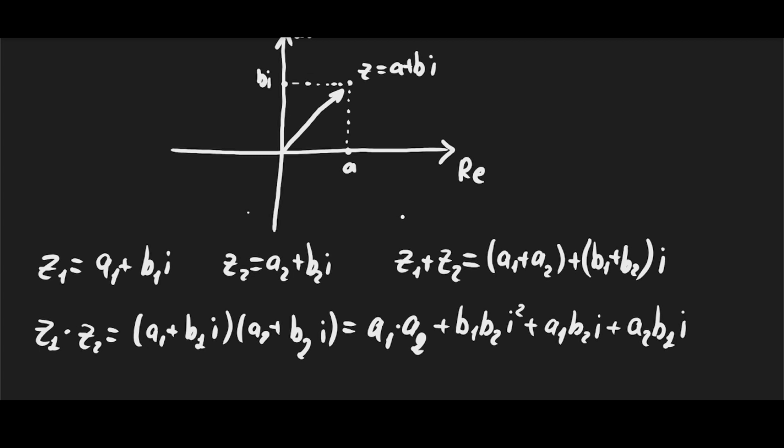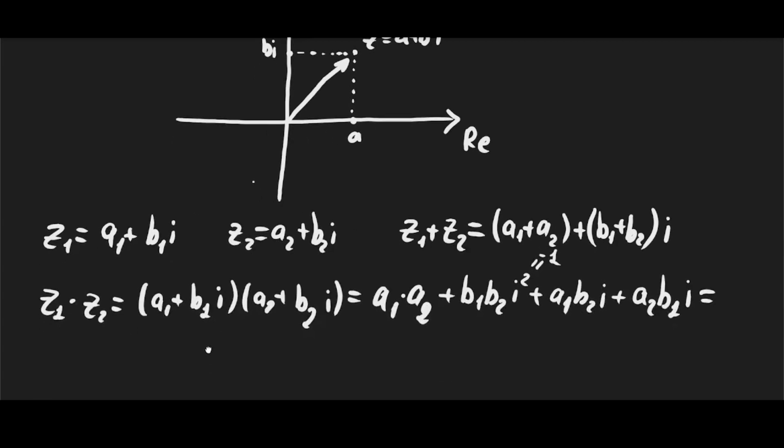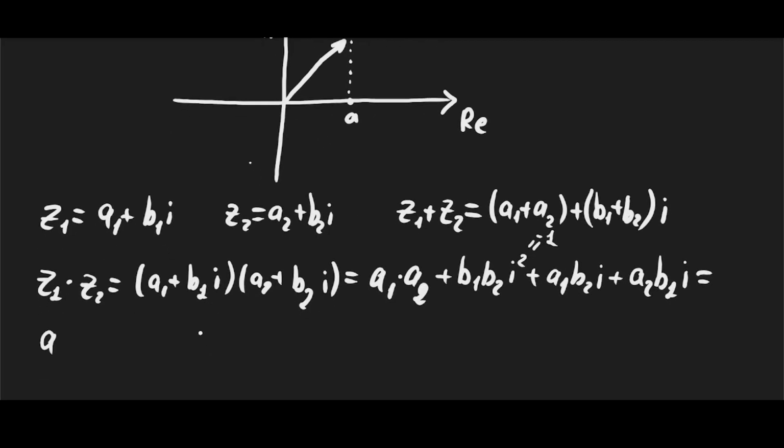Now we can use the fact that i square is just -1. So this can be interpreted as a1 times a2 minus b1 times b2 plus (a1 times b2 plus a2 times b1) times i.